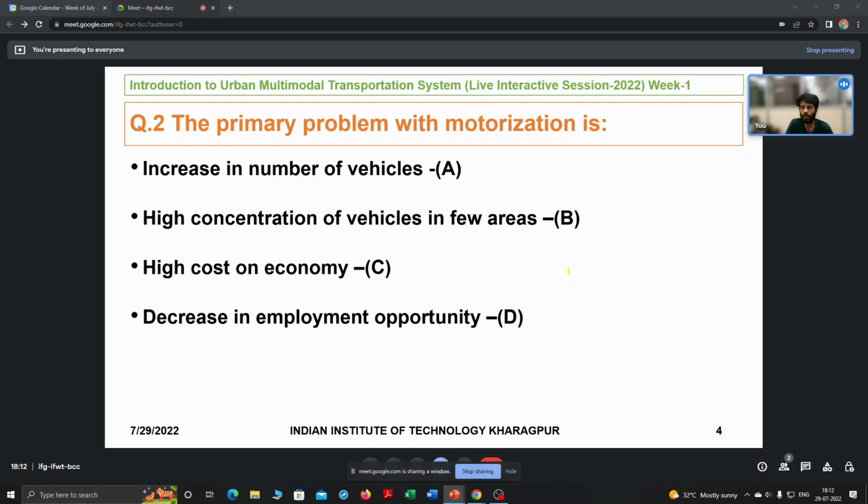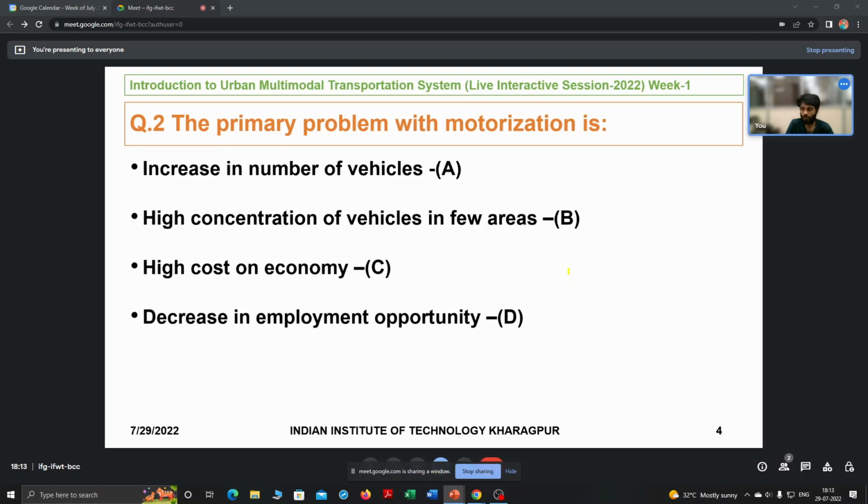Because the number of vehicles is also increasing in rural areas as time passes. The second option is the higher concentration of vehicles in few areas. Like in an urban area, the number of vehicles is increasing exponentially compared to any rural area, I would say.